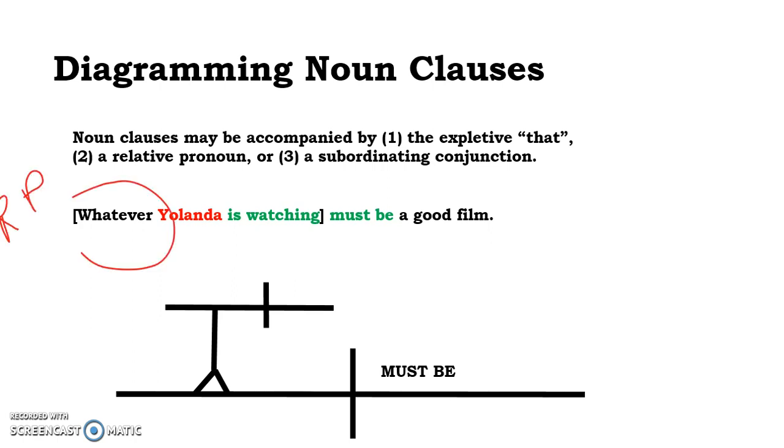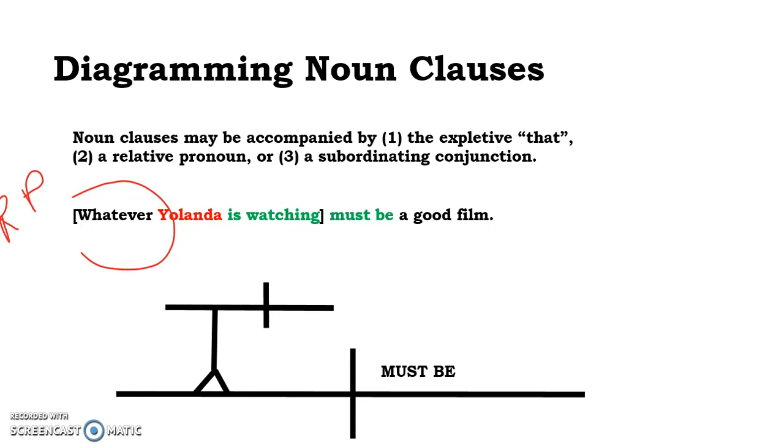Now, this element here, that's the relative pronoun we were discussing a moment ago. And the relative pronoun relates this material in the noun clause to the rest of the sentence. It itself, though, is a part of the sentence. It's not going to float on a balloon like the that word, our expletive that, above the pedestal. It's going to be a part of the pedestal.